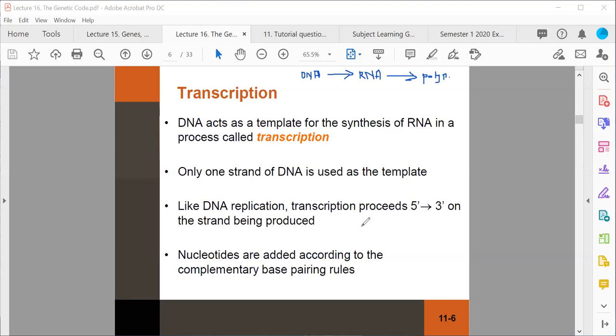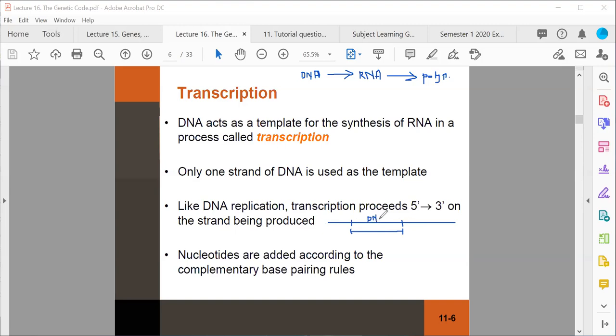In other words, if you have just one strand of DNA here, and this region here represents the actual gene sequence, then we will have a complementary strand of RNA being produced. Okay, it will be complementary to the DNA.